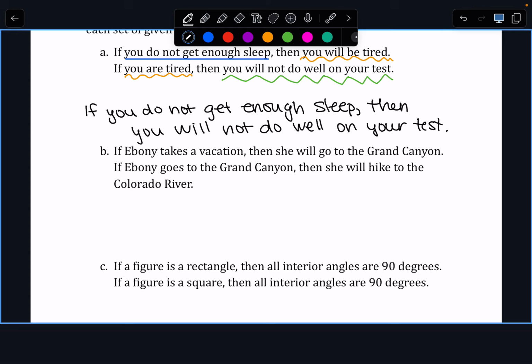Okay, I'm going to give you 2 minutes to look at examples B and C and see what you can come up with. It does not have to be individual.